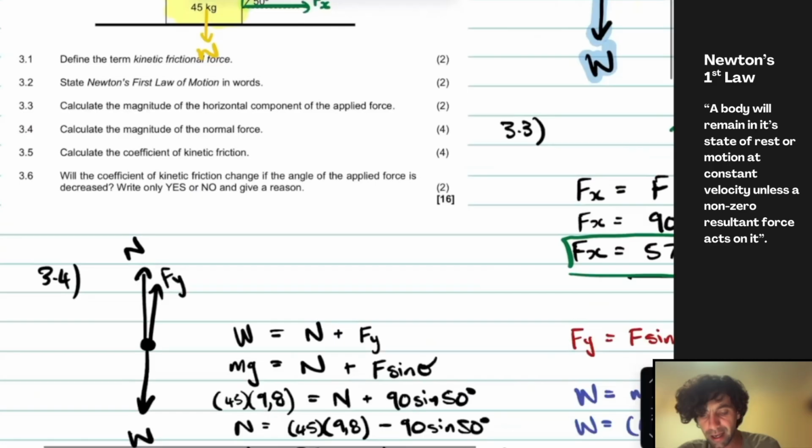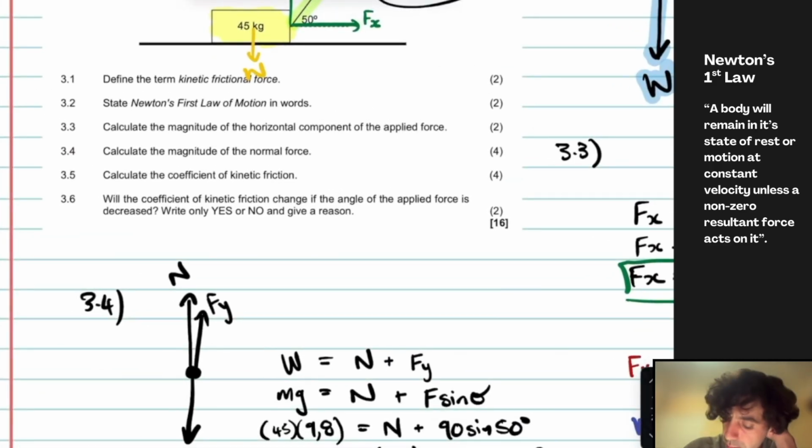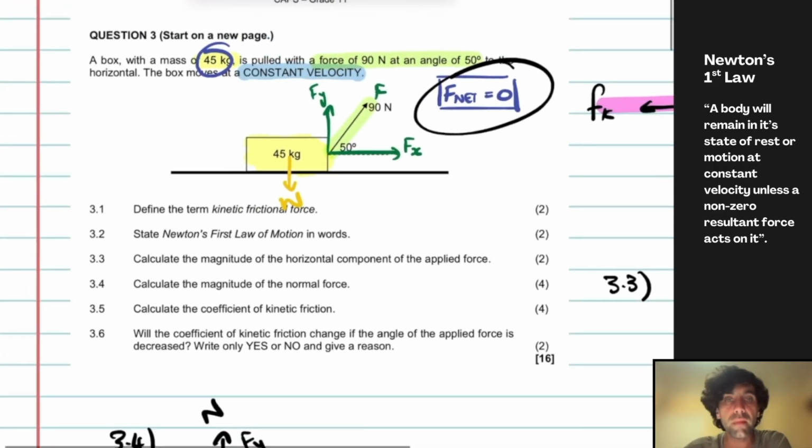That was 3.5. Last but not least, number 3.6: will the coefficient of kinetic friction change if the angle of the applied force is decreased? Write only yes or no and give a reason for your answer. Now, as I mentioned before, the coefficient of kinetic friction has to do with the type of materials which are in contact with each other.